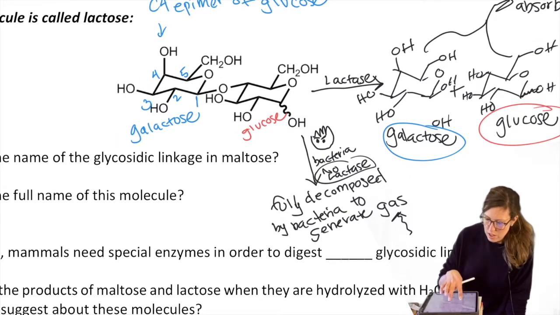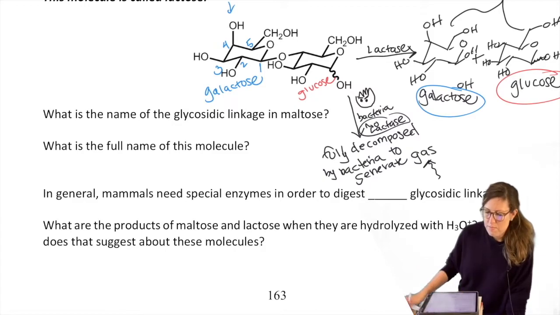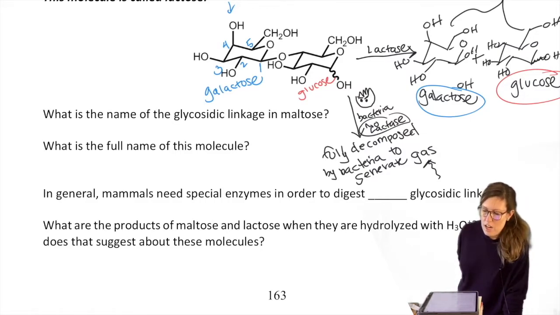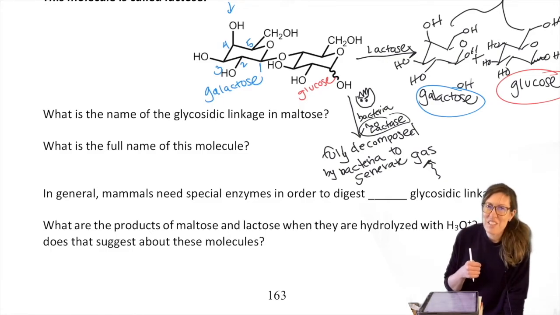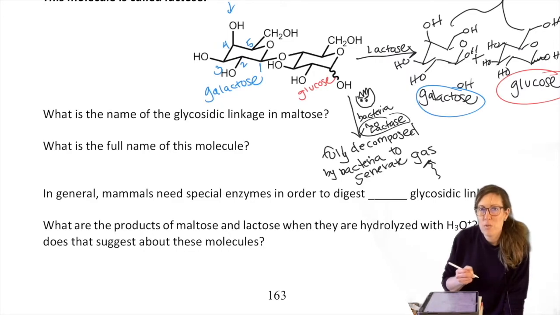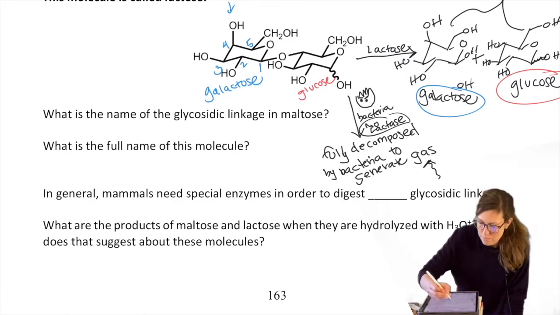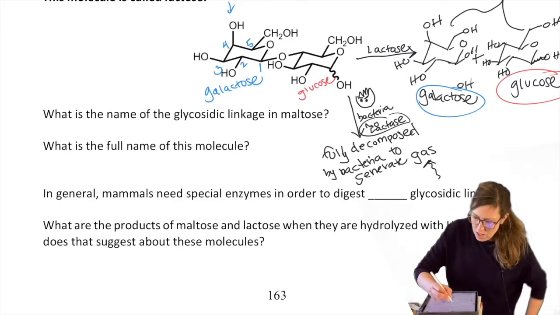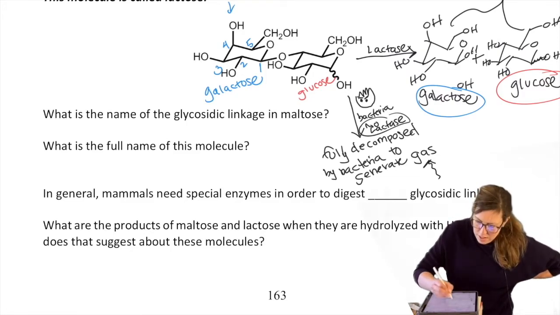All right, so how would we describe the glycosidic linkage? We want to be able to look at a disaccharide like lactose and describe that glycosidic linkage. Well, we did say alpha glycosidic linkages are easily digestible by mammals. Is this alpha? If it's so easily digestible by mammals, why is this one hard to digest? Why do we need a special enzyme? Let's take a look. It's as simple as saying, look at this top sugar.